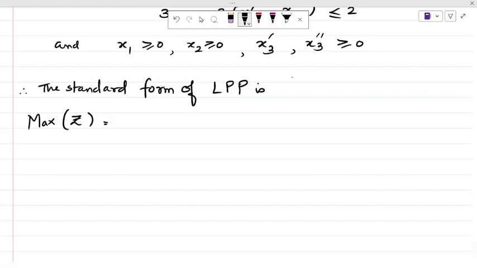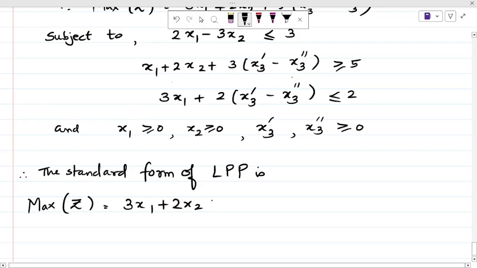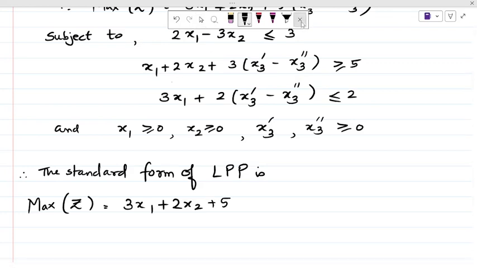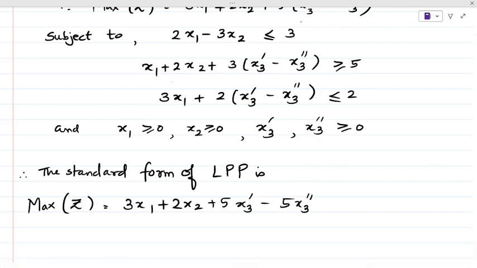Here you will have 3x1 plus 2x2, okay, plus 5x3 dash minus 5x3 double dash, that is there.